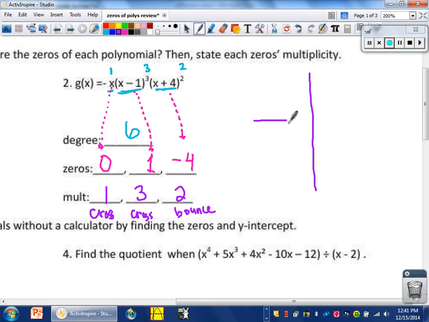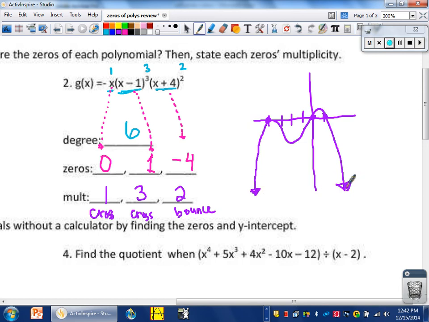Let's just draw this in real fast. Here I have negative 4, positive 1. So here's a zero, here's a zero, here's a zero. It would bounce at negative 4, cross at 0, and cross at 1.